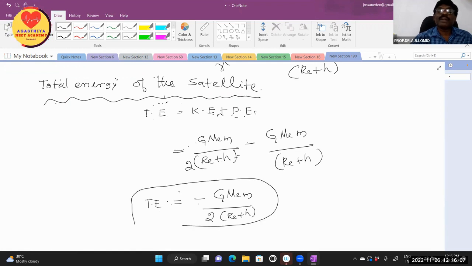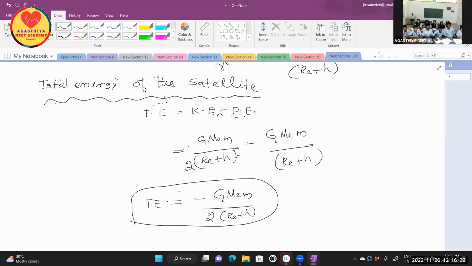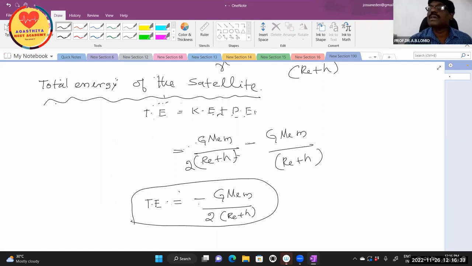This is the important conclusion. See, all of you listen here. The total energy is minus G Me m divided by 2 into Re plus H, whereas kinetic energy is plus G Me m divided by 2 into Re plus H. Magnitude wise same, but direction wise opposite.